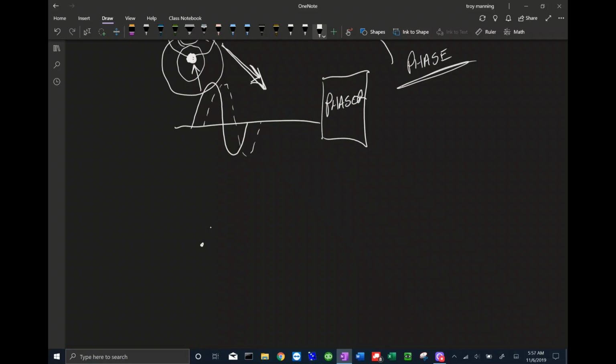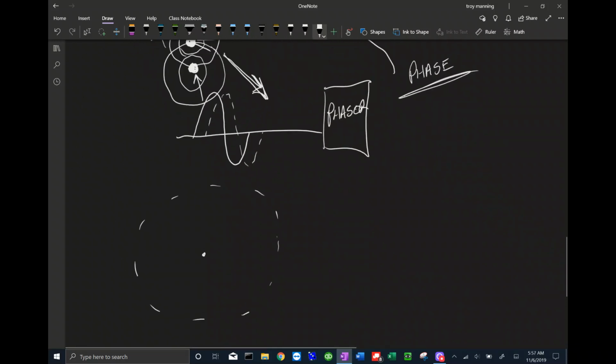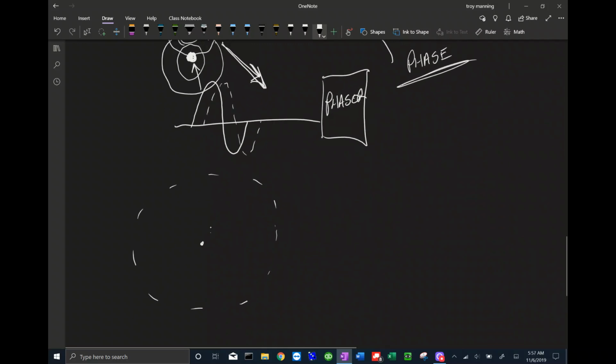So if you had a two-tower array, right, or let's just go a single tower array, and we're just broadcasting from a single tower, we broadcast in a circle, right? It's a circular pattern. It goes out from the transmitter in all directions, or the transmitting antenna in all directions, I should say. Every way you can think of, right?